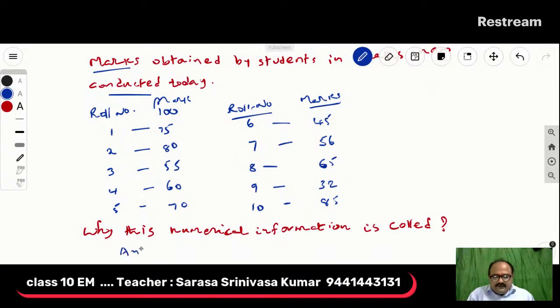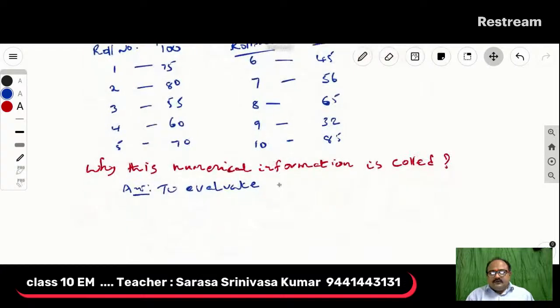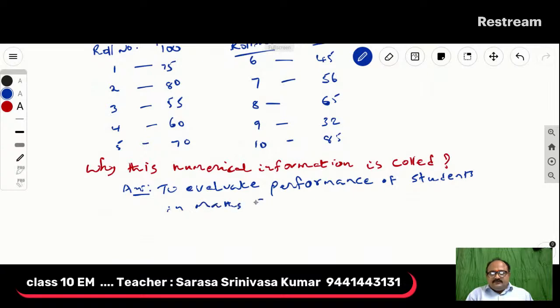The answer is to evaluate the performance of students in a maths subject.